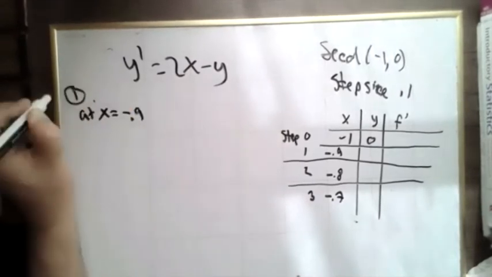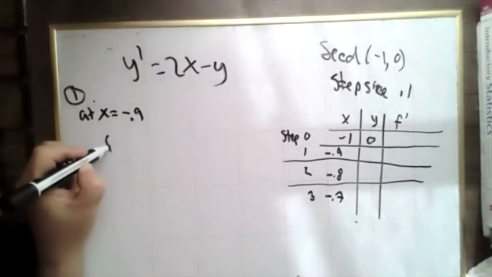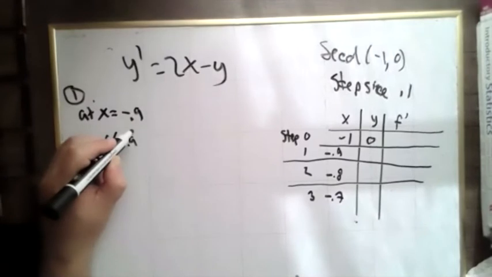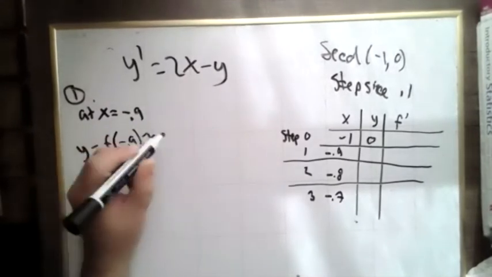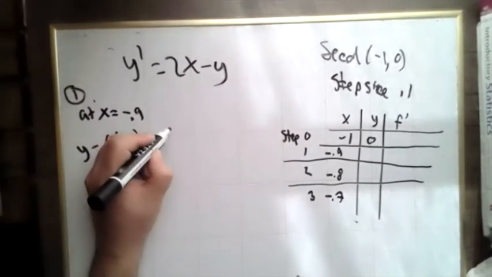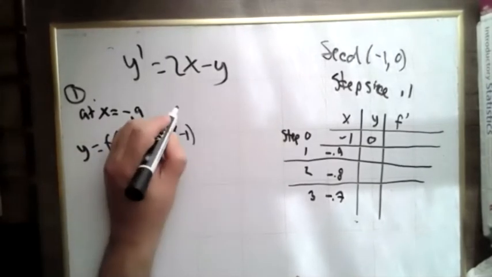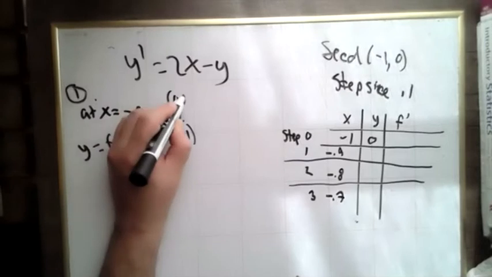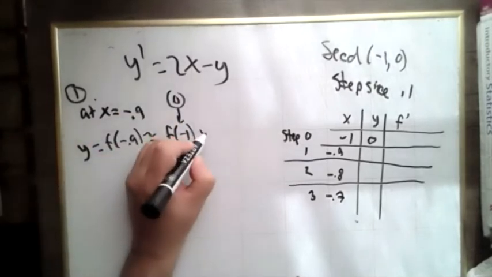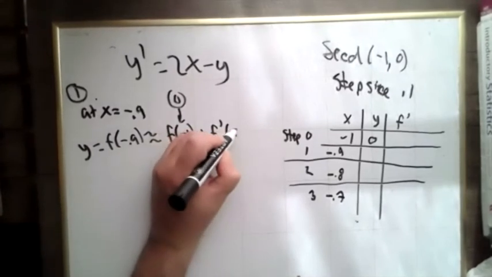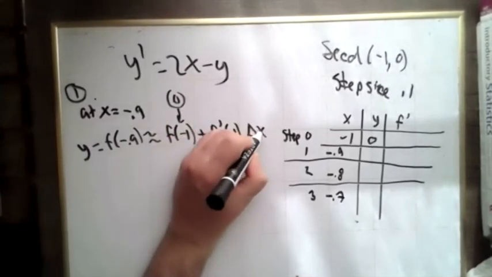So this is step 1. f, the y value at -0.9 should be approximately equal to the last y value. So that's step 0, plus the derivative at the last y value times my step size.